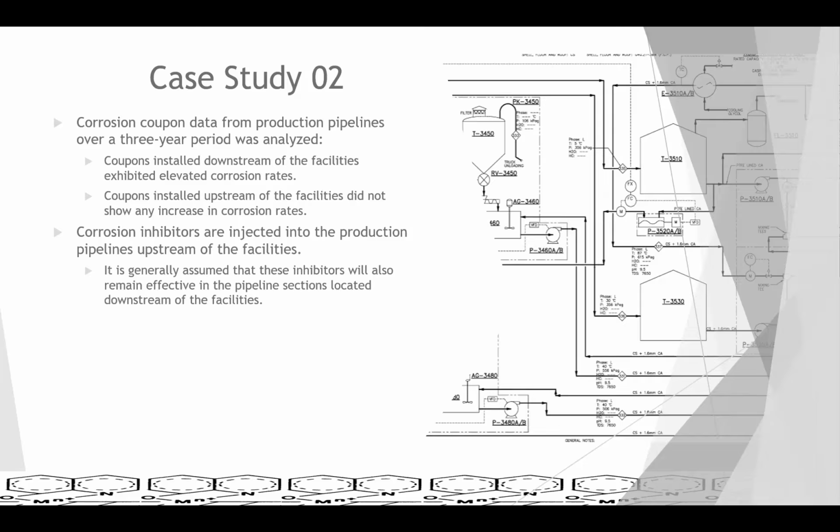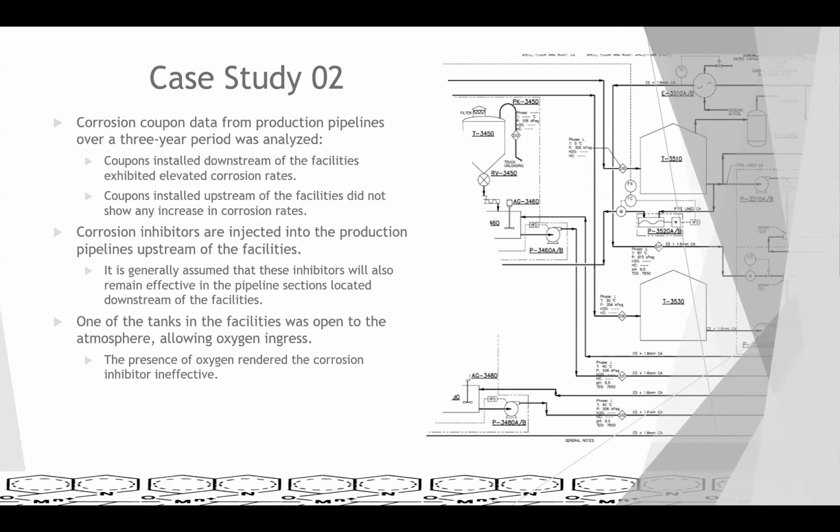Before my involvement, this had been ongoing for almost 10 years, and they were successful. Both the corrosion coupon data upstream and downstream were consistent. When they saw increased corrosion rate in the downstream facilities, that's when they hired me as a consultant.